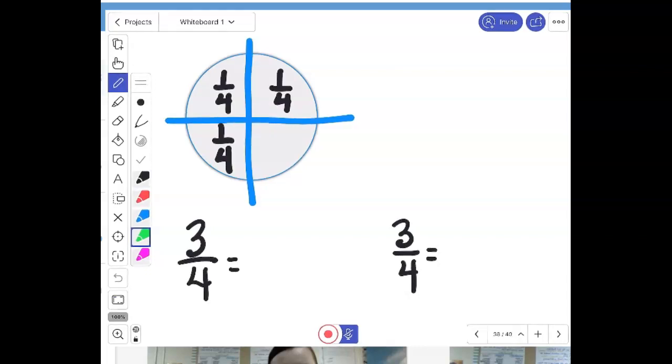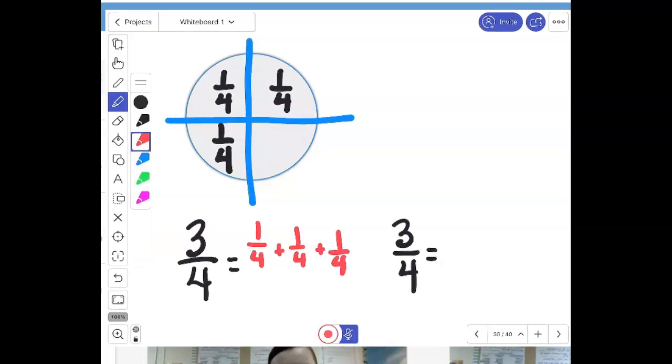So if I have 3/4, we learned when we were decomposing that that's basically 1/4 plus 1/4 plus 1/4, right? If I shade my circle up here in, this is 1/4 plus 1/4 plus 1/4, okay? So we understand that. That's old and before.